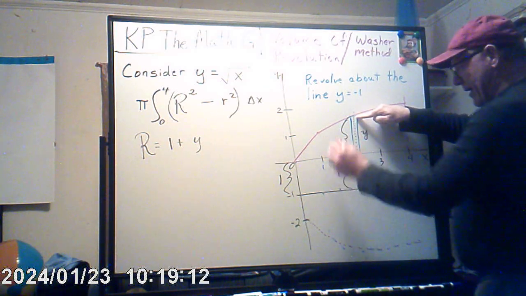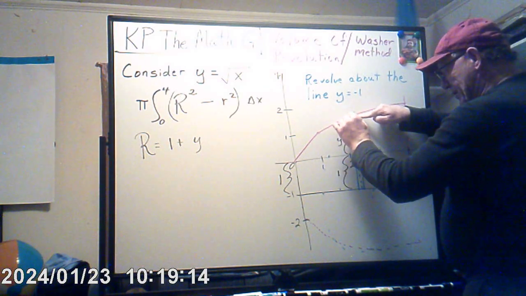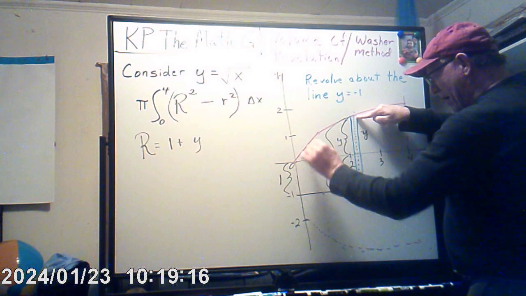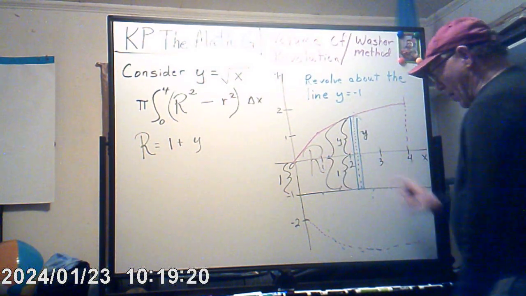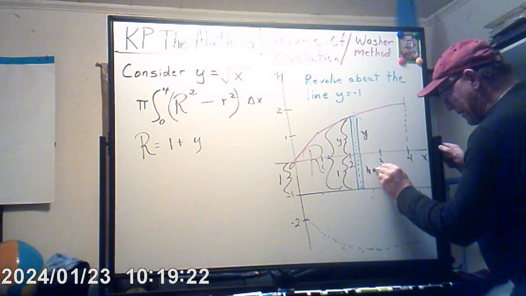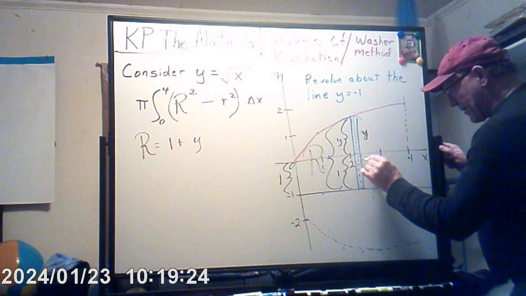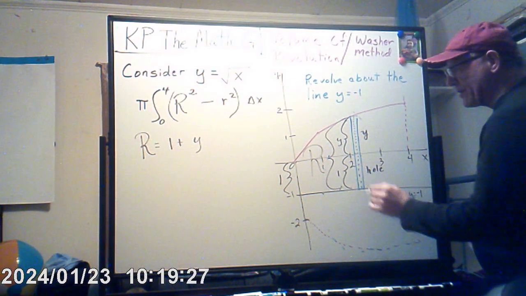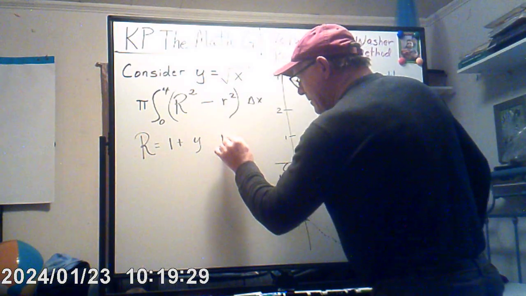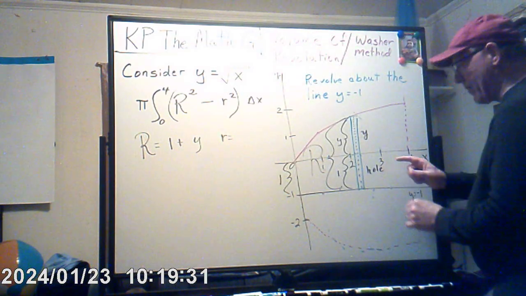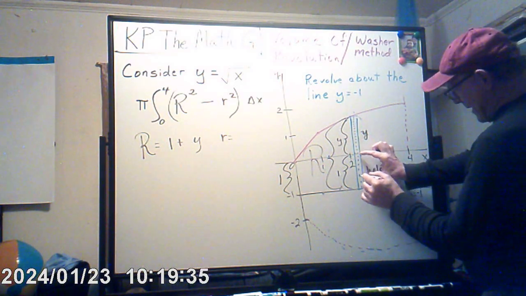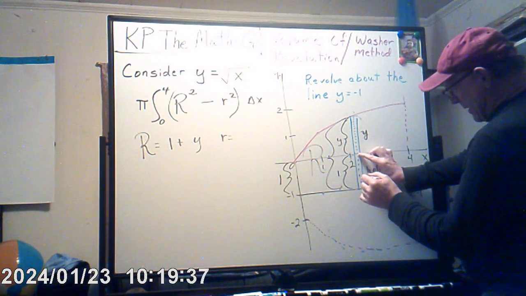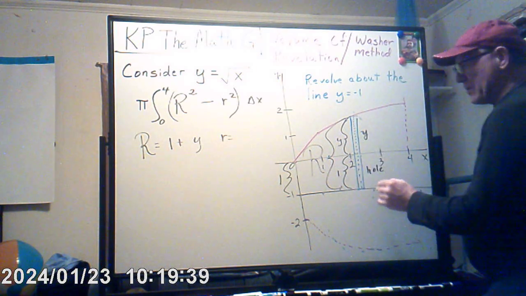Now the hole is right here. That's little r, where the hole is, and that's going to be 1.